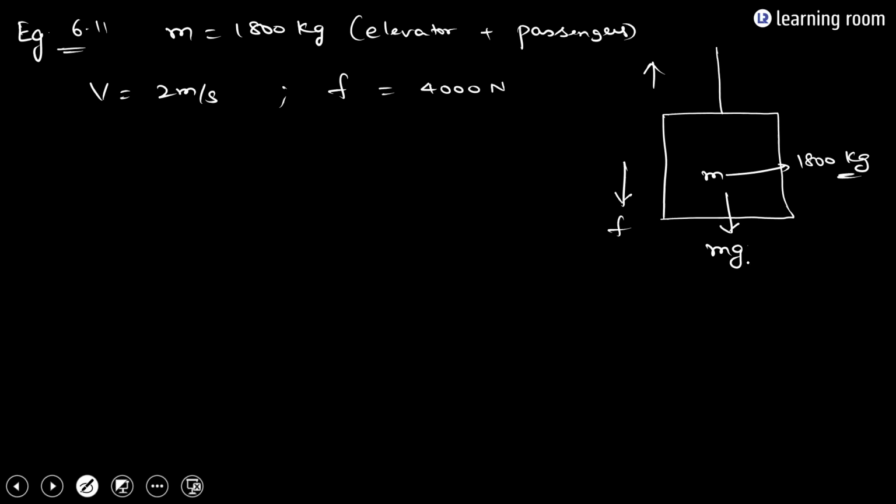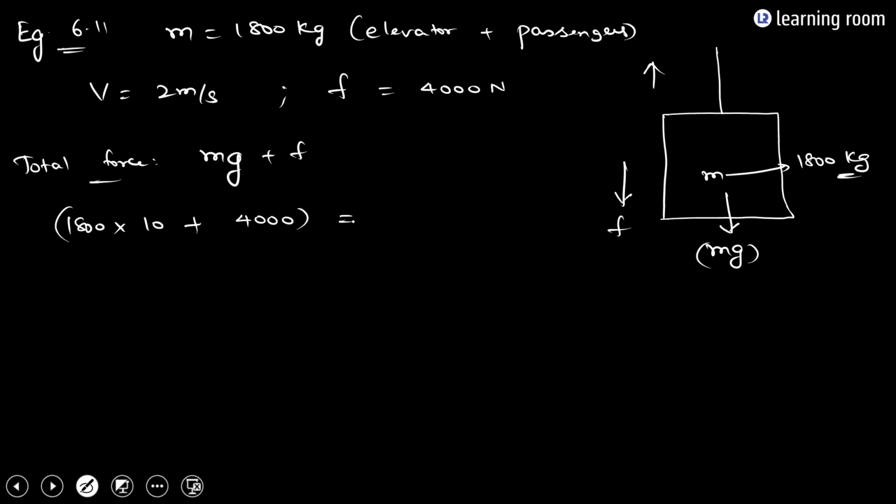So it is weight that is acting in the downward direction plus frictional force. If you calculate the total force on the elevator, it is the weight of the object mg plus f. What is the value of m? It is 1800, and g we will approximate to 10, plus the frictional force, which is 4000. So 18,000 plus 4,000 is 22,000 Newton.